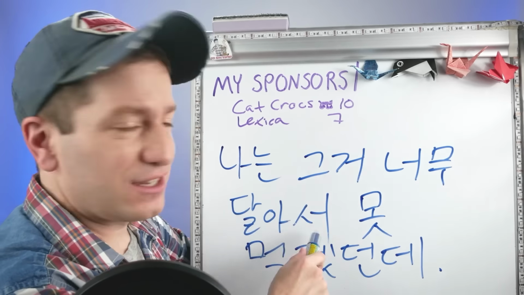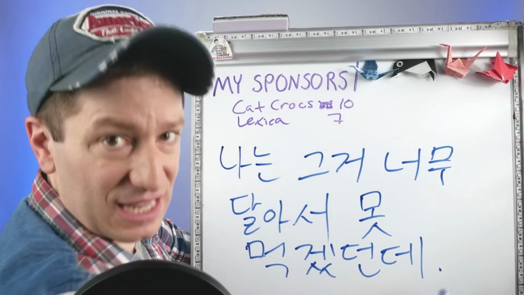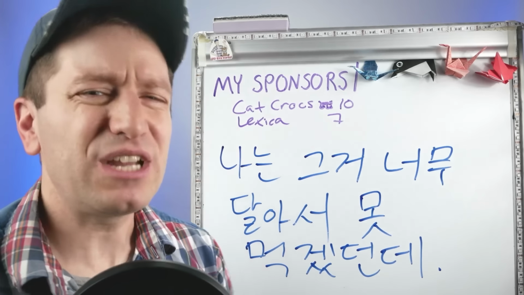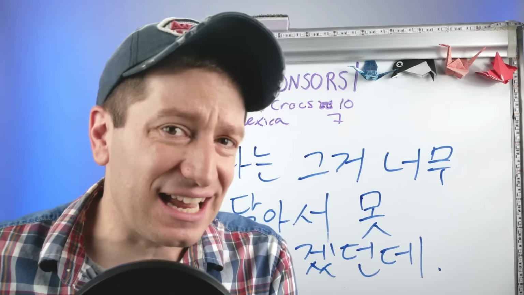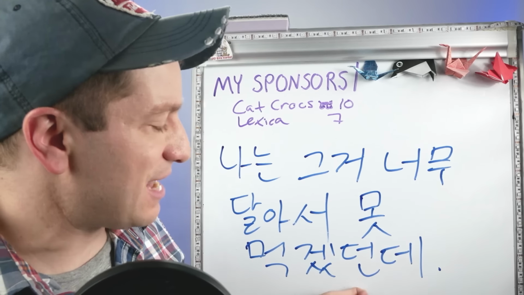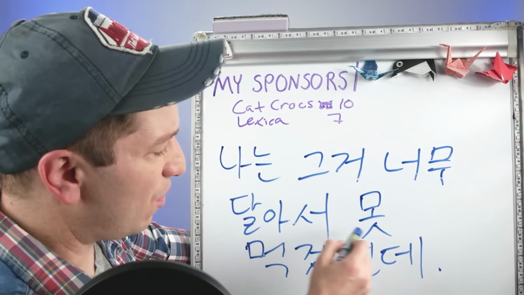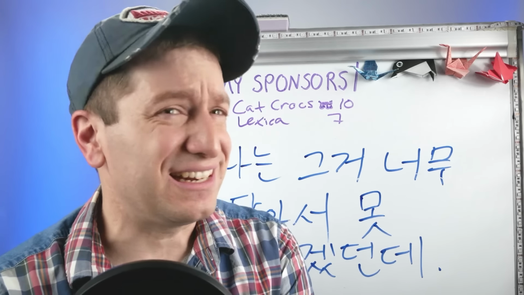So because of that, 못, cannot, 먹다, can't eat it. 먹겠던데, could not. So if you think about this in the past tense, 못 먹겠어요. I won't be able to eat it. I can't eat that. I'm just not going to be able to eat that. But in this case, you're recalling the past. So 못 먹겠던데. 나는 그거 너무 달아서 못 먹겠던데. That was so sweet, I just couldn't eat it. What about you?